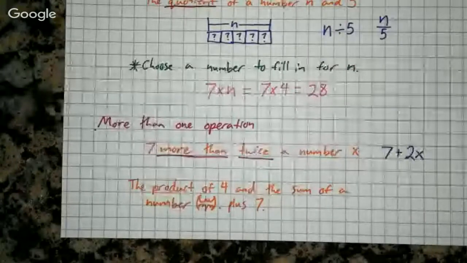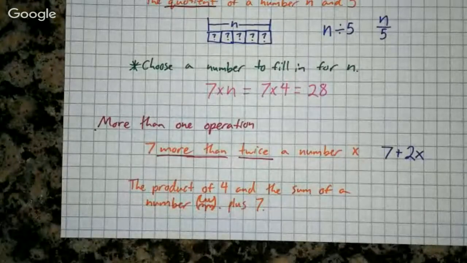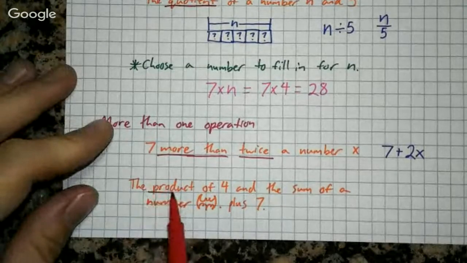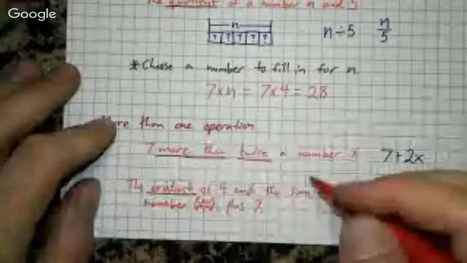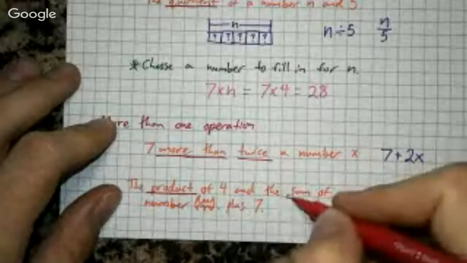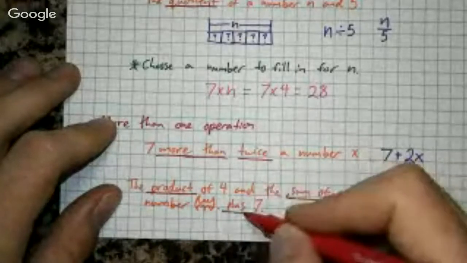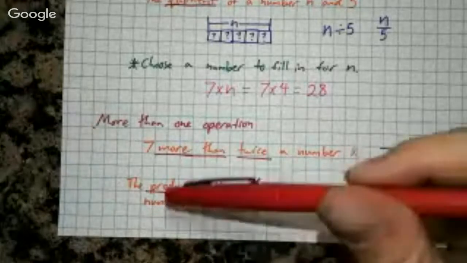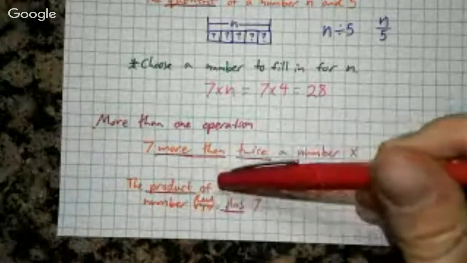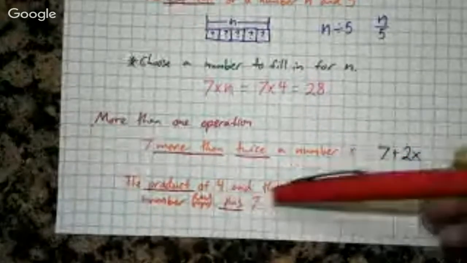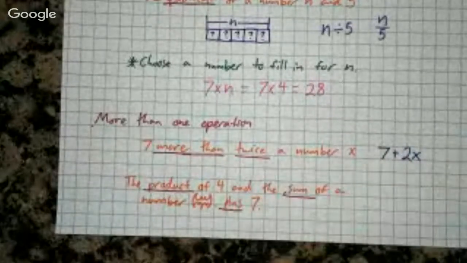So on this one, we have to really use our order of operations and understanding what's coming first. The product, which we know would be a multiplication problem, of 4 and the sum of a number, bat symbol, the sum, plus 7. So in this one, the 4 is going to be multiplied by the sum. So the addition problem has to happen first.